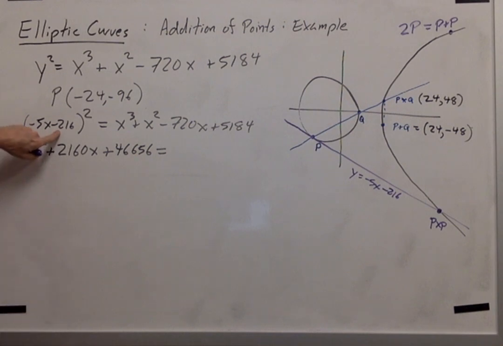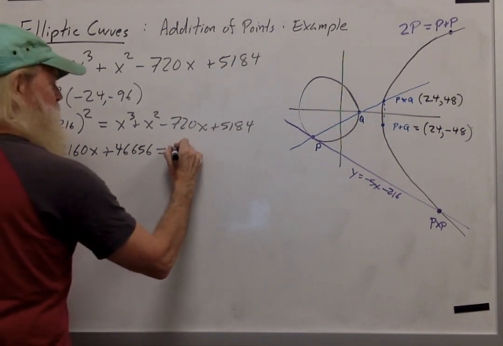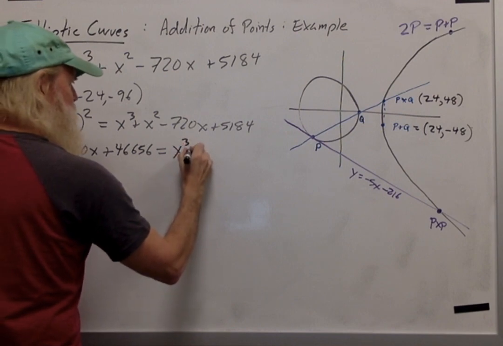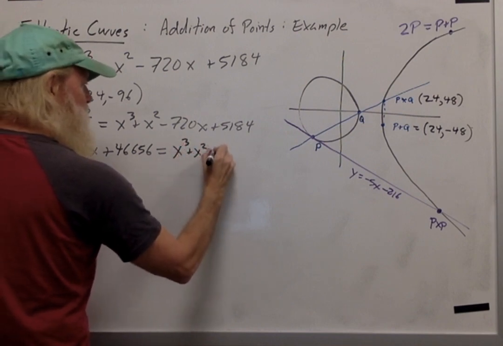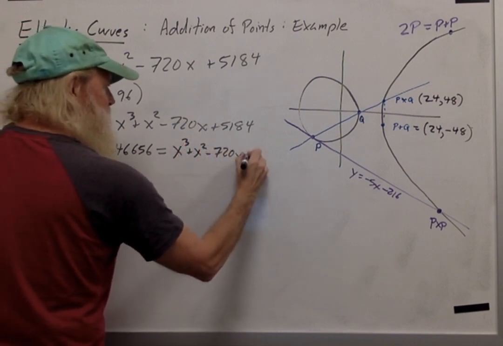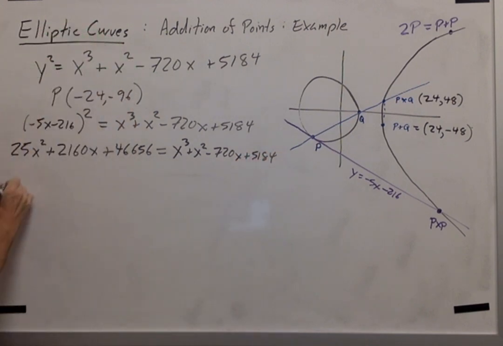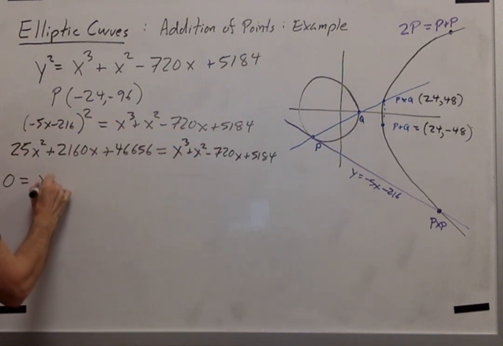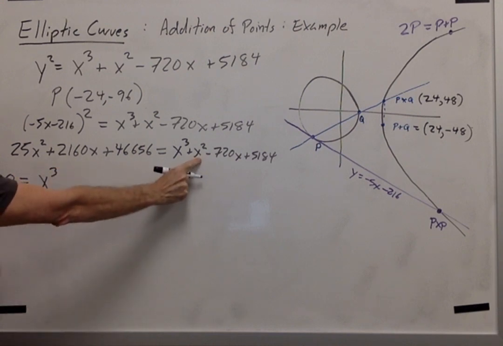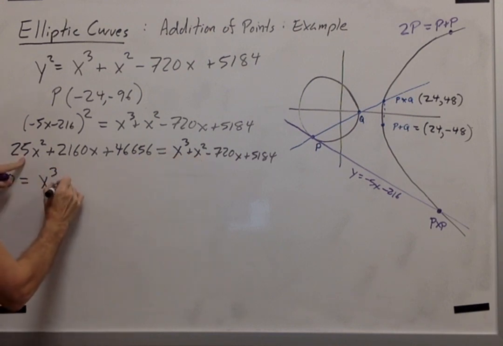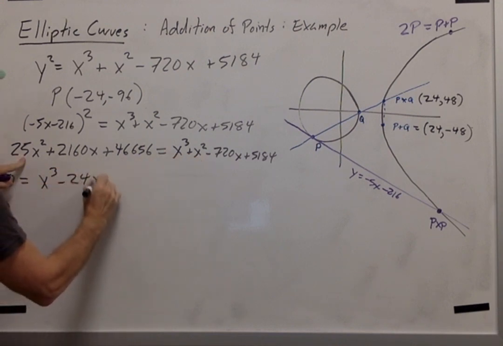Again, you should come behind me and verify that I've multiplied that out correctly. The right side I'll just bring down. X cubed plus x squared minus 720x plus 5184. And then like before, I'm going to subtract to get everything on the right side. So I have x cubed, x squared minus 25x squared is negative 24x squared.